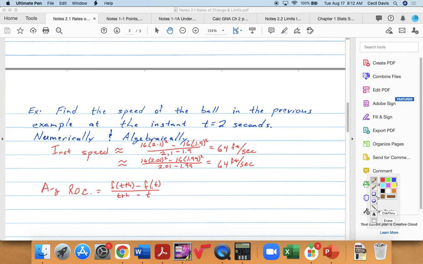Okay? So what we're going to do here is go, okay, what if I made h really small?